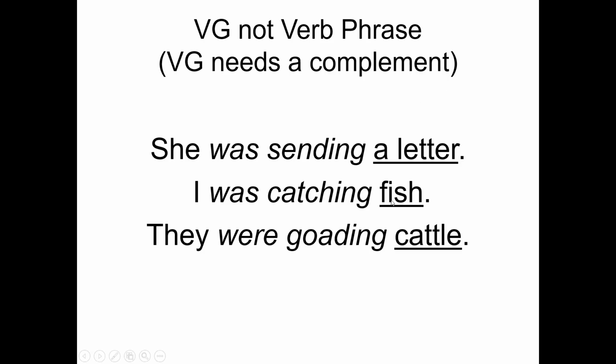So the complement, the object, would be missing. With the object, the verb group makes up a complete verb phrase. I was catching fish. They were goading cattle into the enclosure.